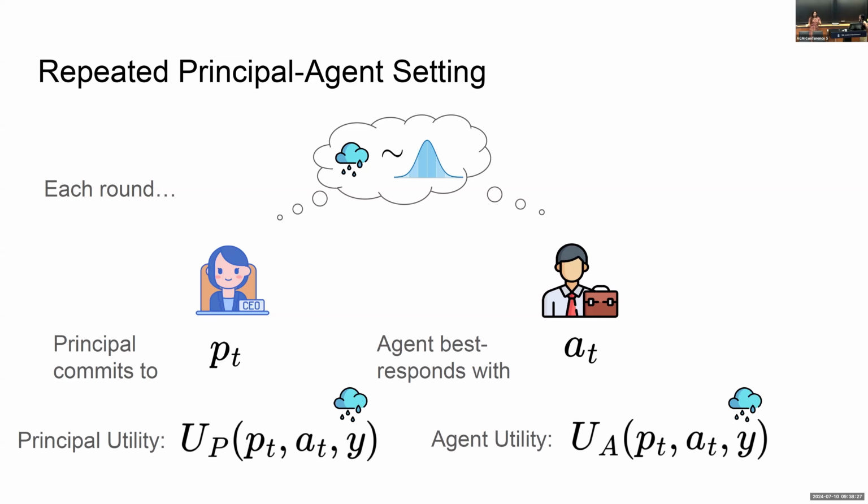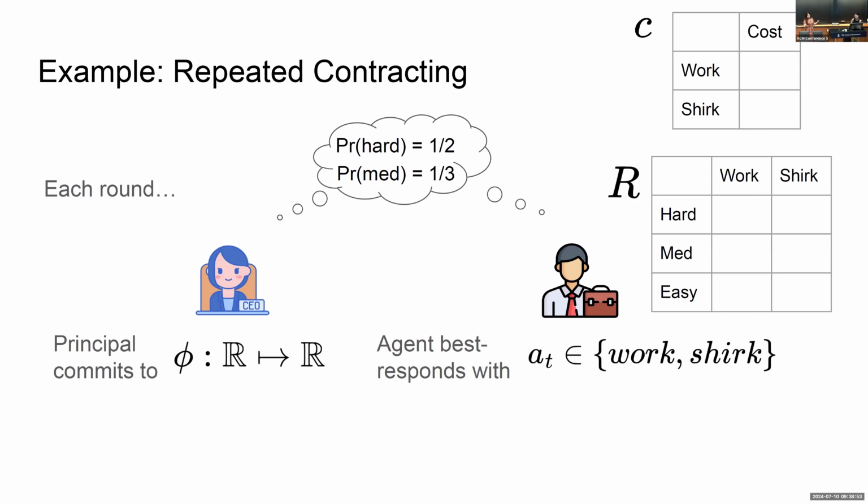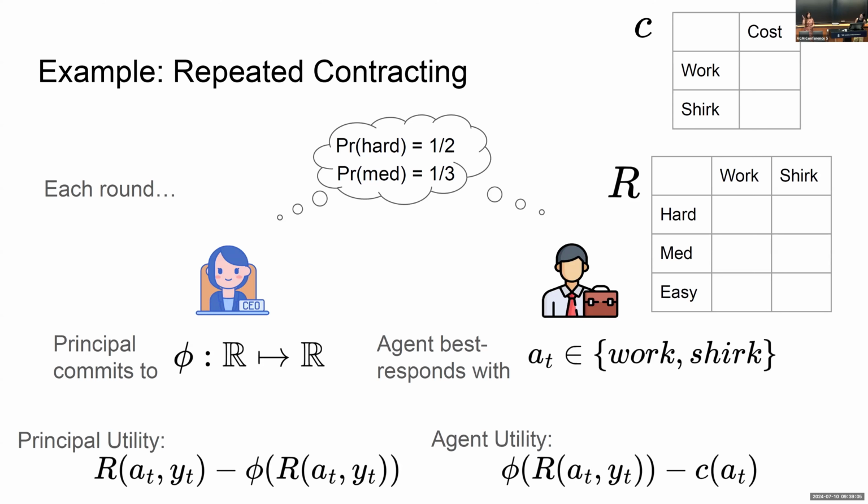Presumably, it's harder to actually put in the effort. So there's some reward depending on whether it's hard, medium, or easy, and whether there's a work or a shirk, and the principal maps that to some payment to the agent. The agent, seeing this, decides what they're going to do. The principal's utility is their reward minus their payment. The agent's utility is their payment minus the cost of their action.